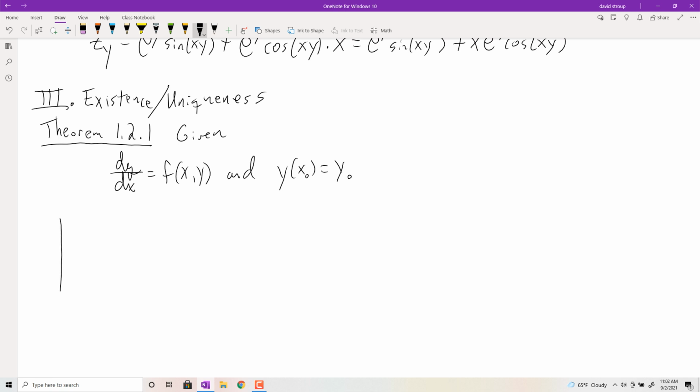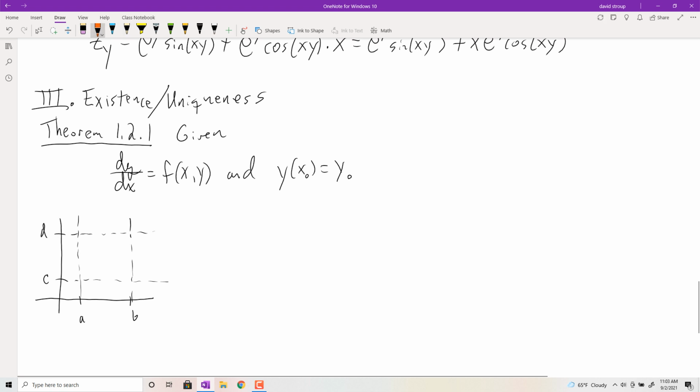So let me draw out this region they're going to reference in the definition. So we're going from A to B and then C to D. So it's like some box region. And they're going to call the box region R in the definition. So I put R here in red.